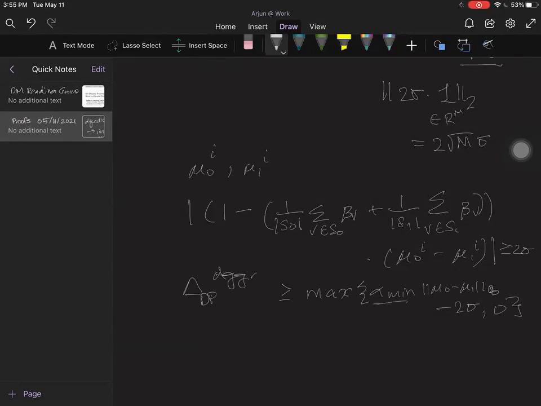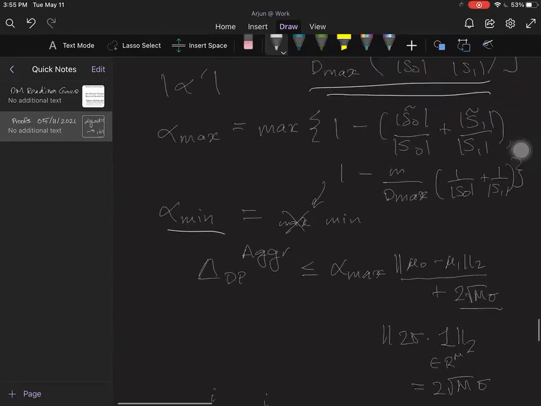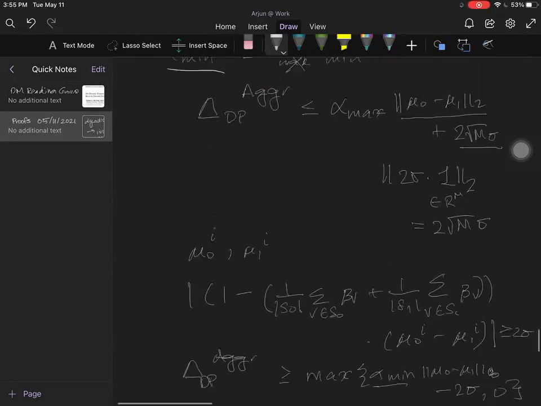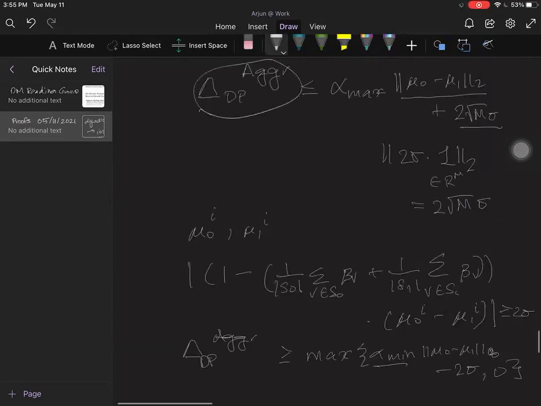And this alpha min is just the quantity we calculated above. It's just the minimum of one of these two terms. And so that's how we obtain the upper and lower bounds on both of these.